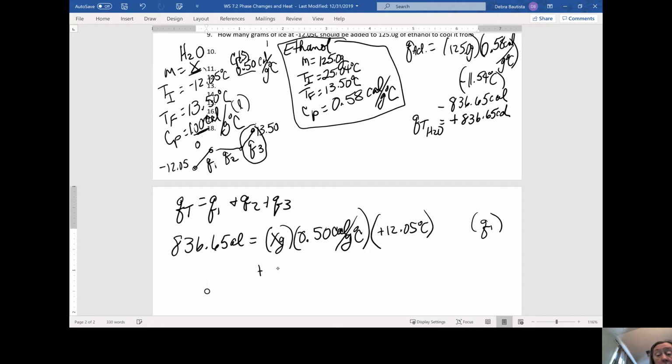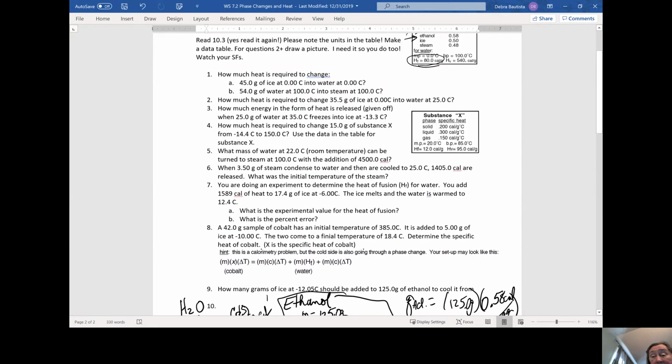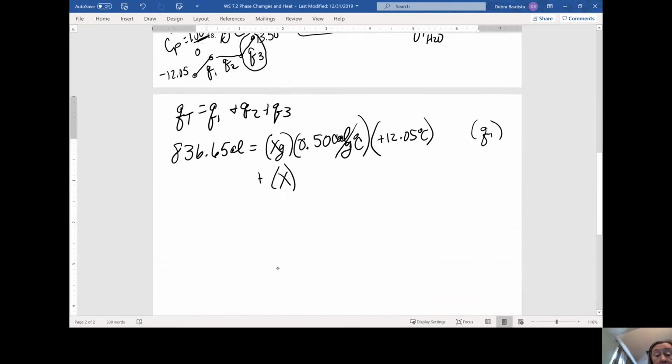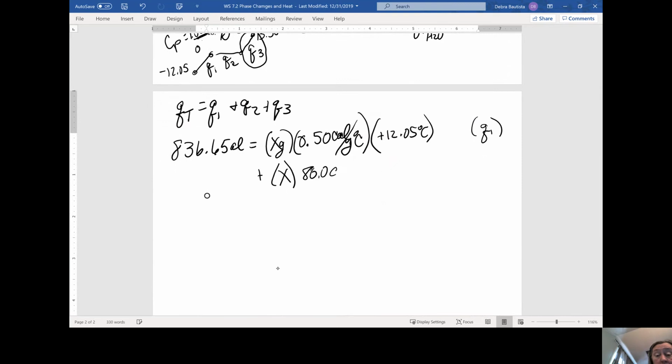Plus Q2, and Q2 is going to also be X, but now I need the heat of fusion for ice, which I have quickly forgotten, 80.0 calories per gram. There's no temperature change here because we're doing a change of state, so that's Q2.